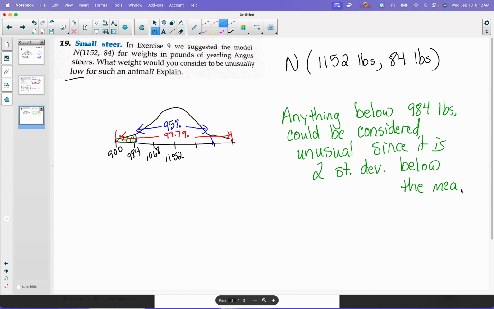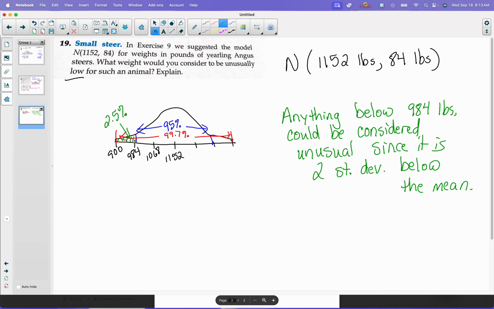Now remember, how much is here? 95%, 100 minus 95 is 5. Split the difference. Only 2.5% of the steers are going to fall in that region. So that makes it unusual.